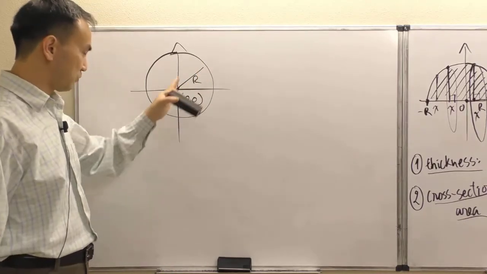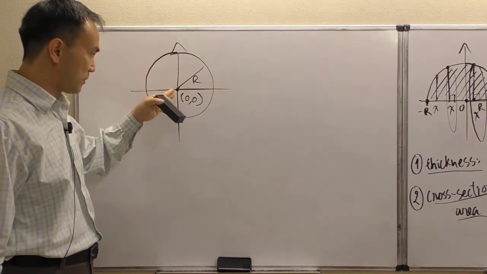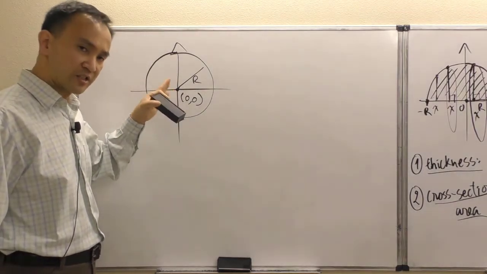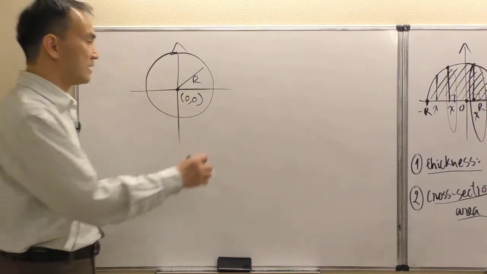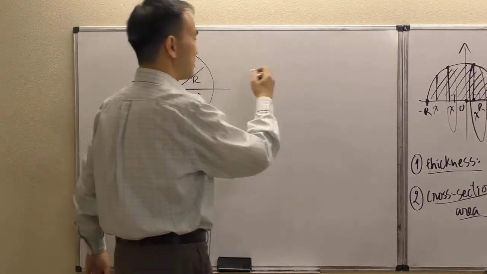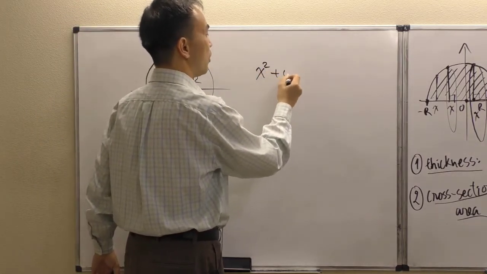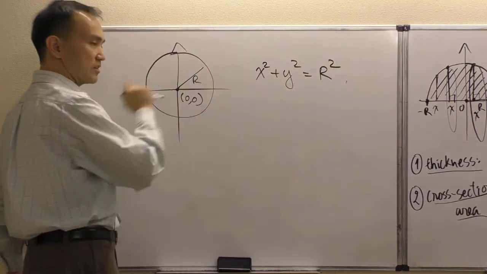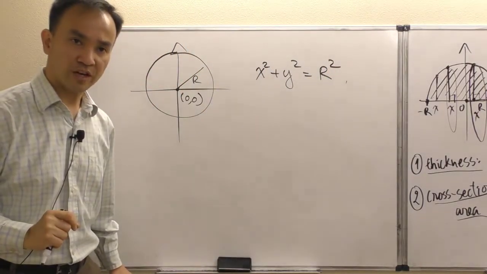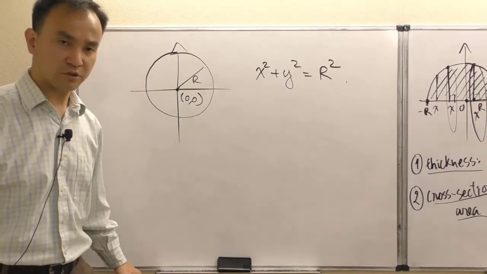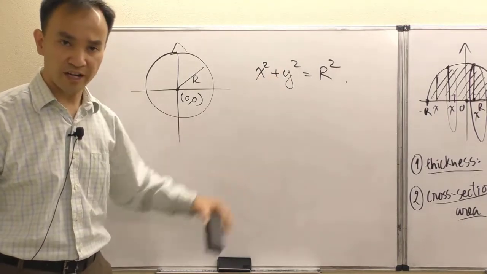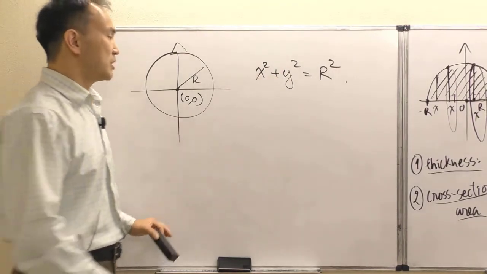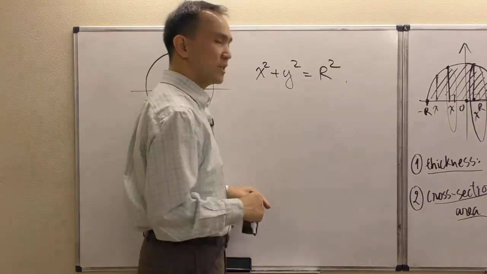Specifically in this case, if we put the center of the circle right at the origin, then this circle has the famous equation x squared plus y squared equals r squared, where r is the radius of the circle given right here. And allow me not to go too far back to remind anyone about this. But so now, x squared plus y squared equals r squared.